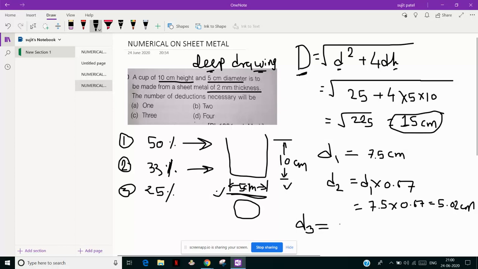If we apply full pressure in the third pass, then the diameter will reduce below 5 centimeter. So the third pass, or the third deduction, will be with a partial pressure that is given to the ram. So here our answer is three passes.